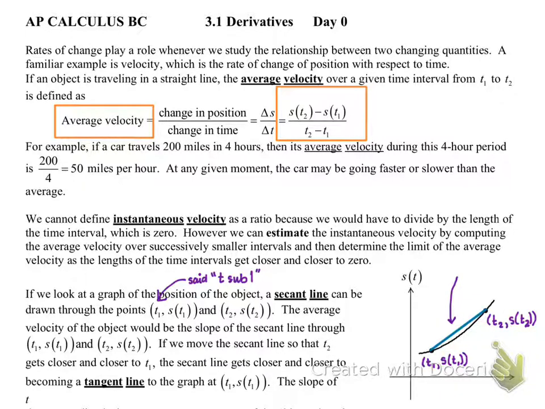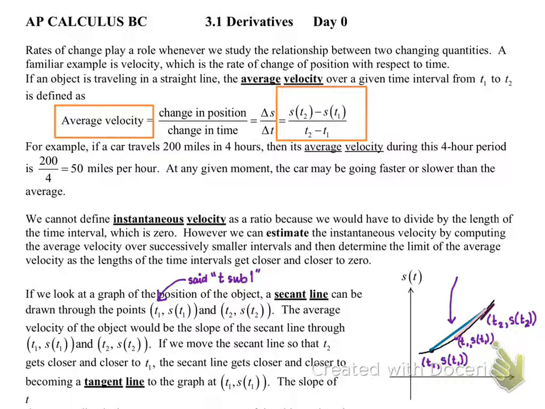So I'm going to do a little illustration right now. So this lighter line, using a new value for t sub 1, actually brings us closer to approximating the tangent line, and the tangent line would actually only go through t sub 2.